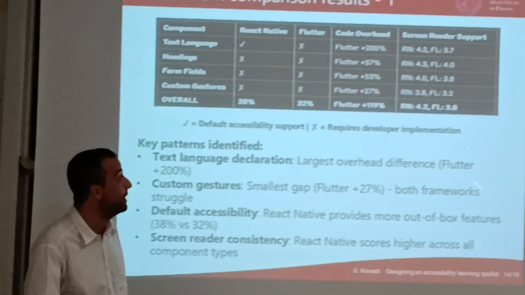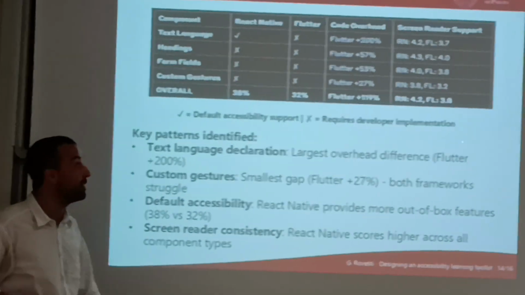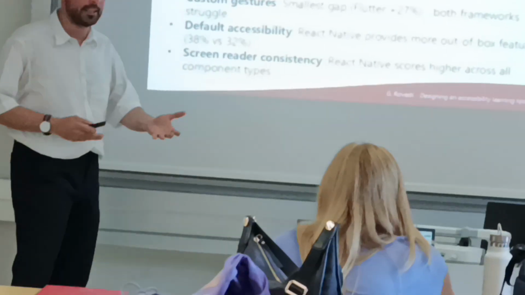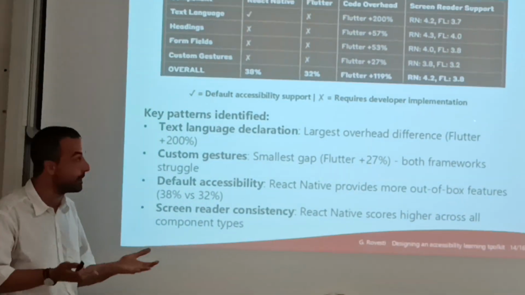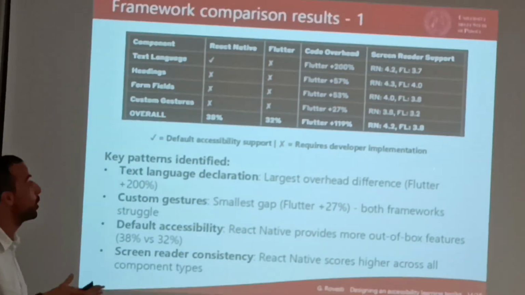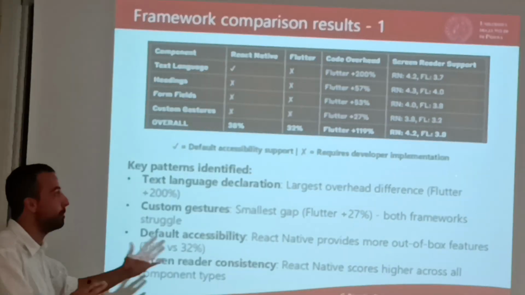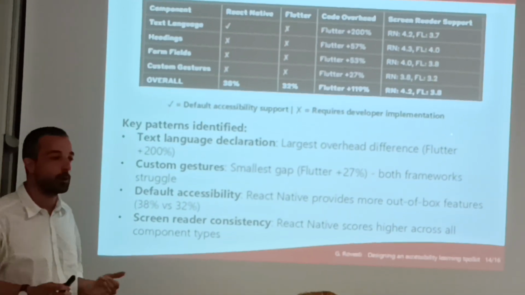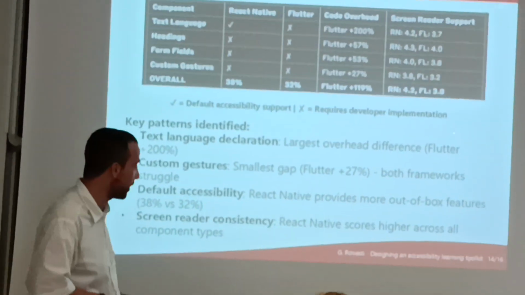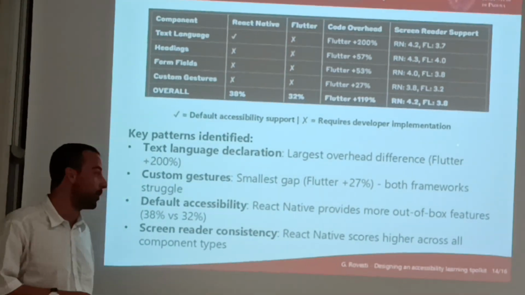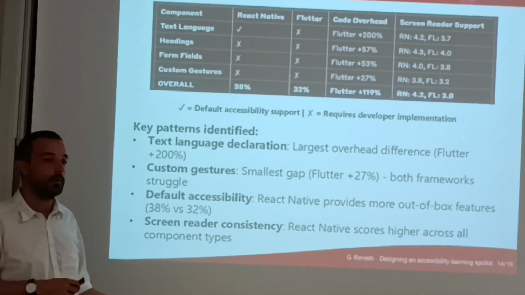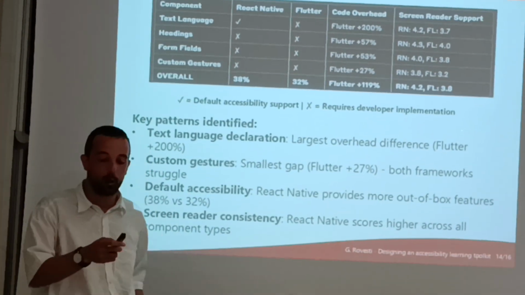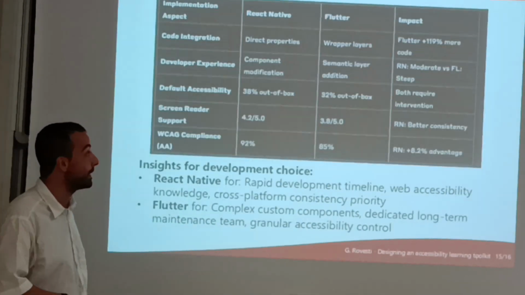Headings, titles, in this case from 20% to 50%, as soon as the complexity of the components arises. Given the metrics, we try to be as formal and as objective as possible, we see that they achieve mostly similar results, and in this case, screen reader support is pretty consistent between the two, with React Native scoring higher, because it provides, given the metrics, more out-of-the-box features within the field of accessibility.